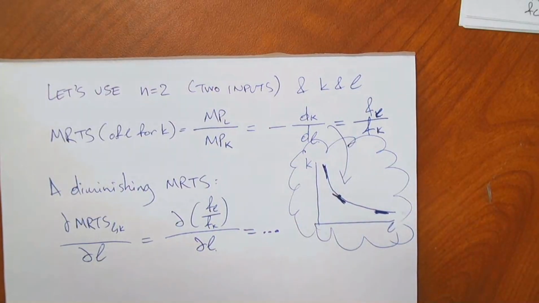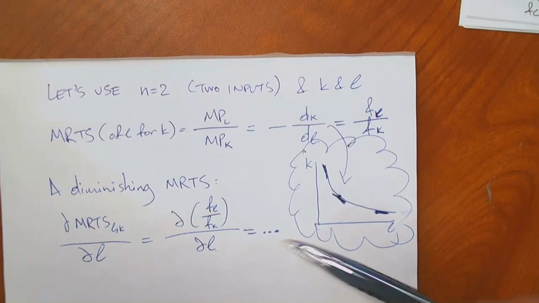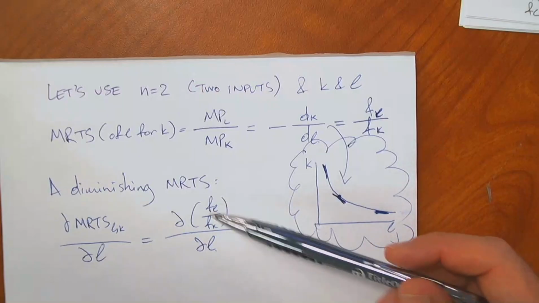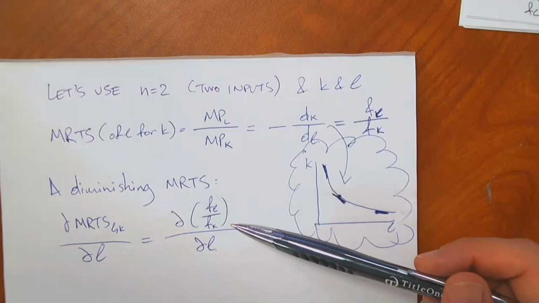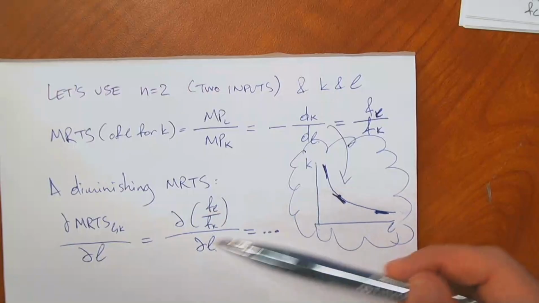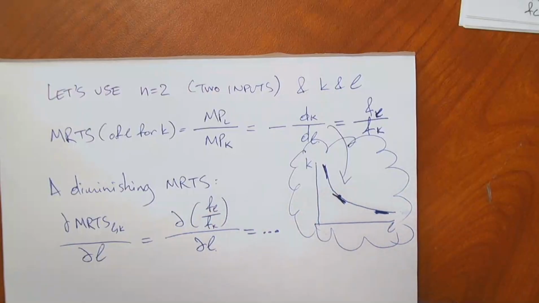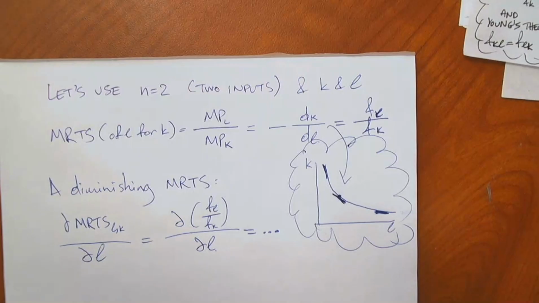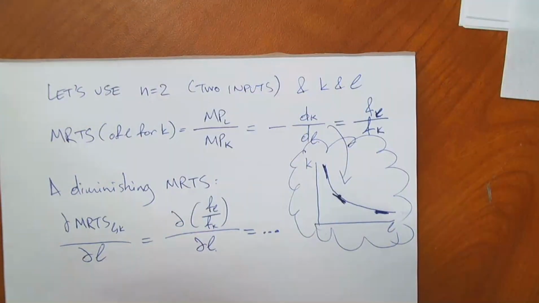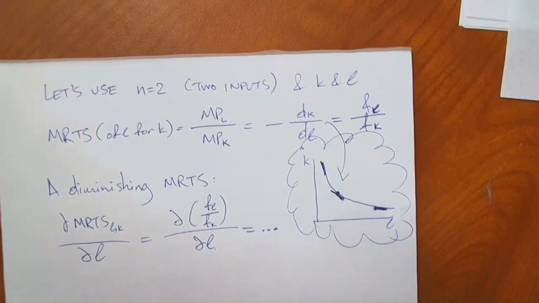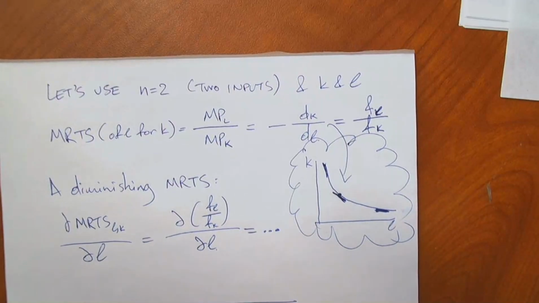I will upload some notes for that, so we don't have to do all of the math here. Think about it, you have a ratio. Both F_L and F_K are functions of both K and L, so you would have to do some additional derivatives here, and working through the math, get to a final result. If you do this, and we avoid the dots, then you get this expression over here.